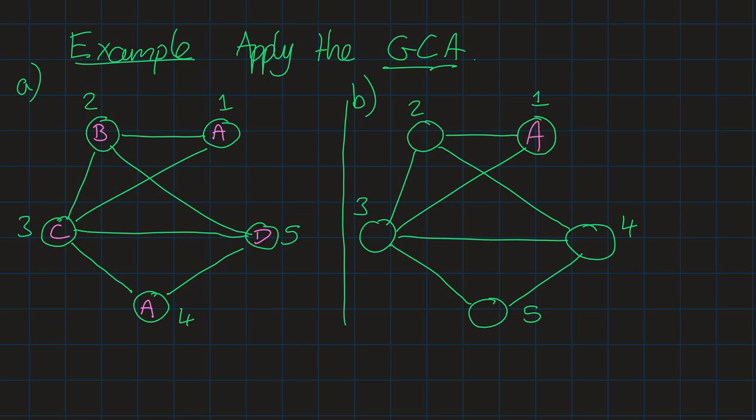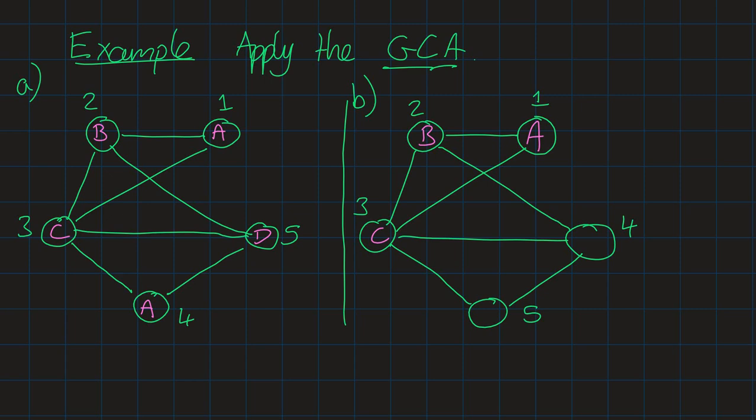So number 1 is colored A. Number 2 can't be A, so I'll do it B. Number 3 can't be A, can't be B. The next smallest color is C. So exactly the same so far. Number 4, can't be... oh, it can be A. Number 4 can be A, right?